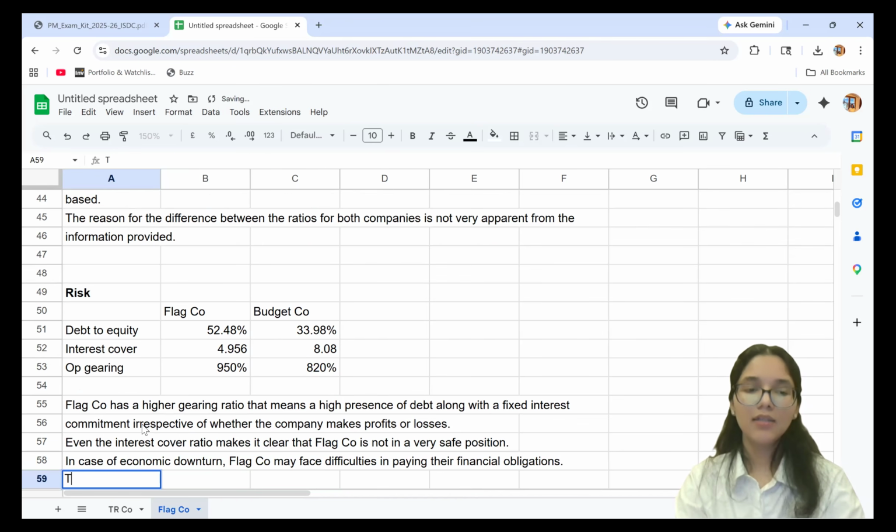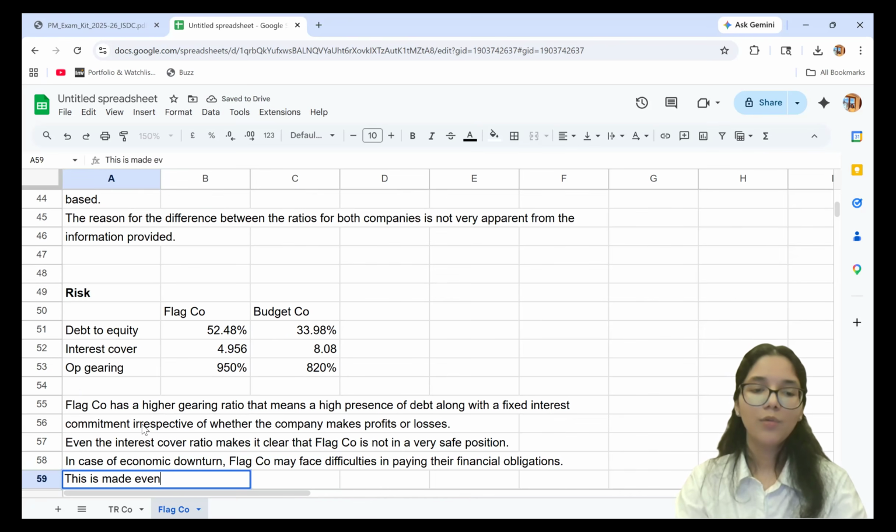This is made even clearer with the higher operating gearing.